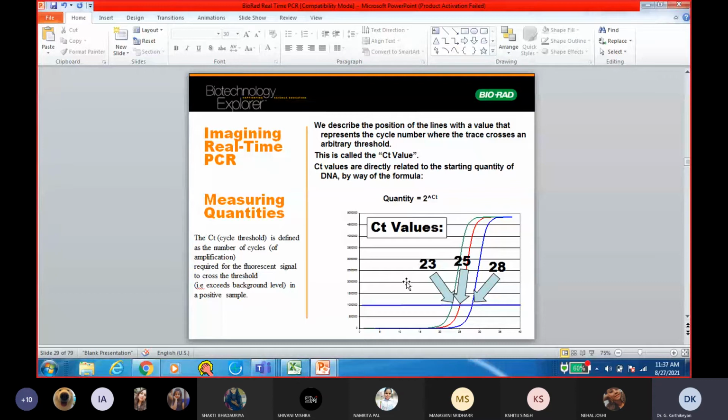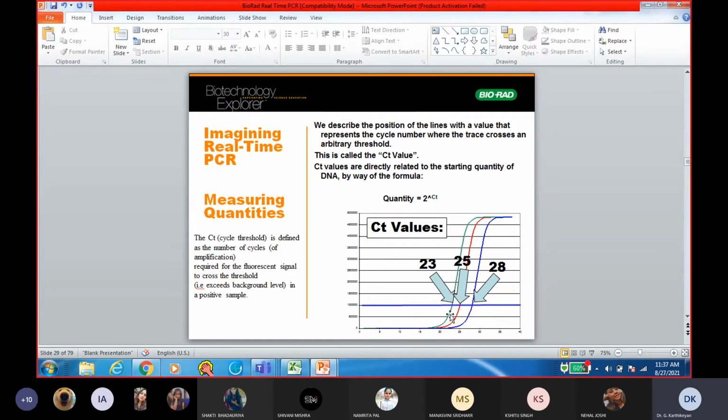The one beauty of this threshold cycle is that when you have excess template, you will see that the threshold is reached at the 23rd cycle. When you have a normal template, your threshold is reached at the 25th cycle. And when you have less template, the threshold is reached at the 28th cycle. So this CT number to an extent gives you the copy number or the relative proportions, right?